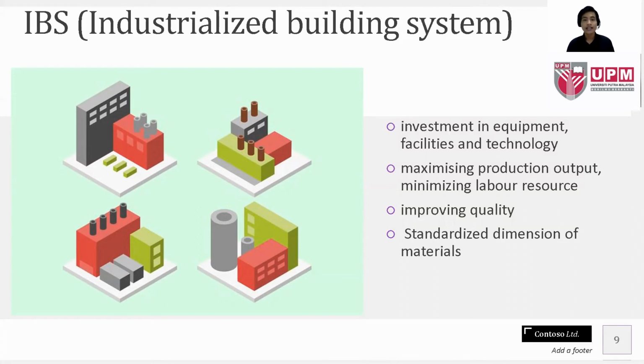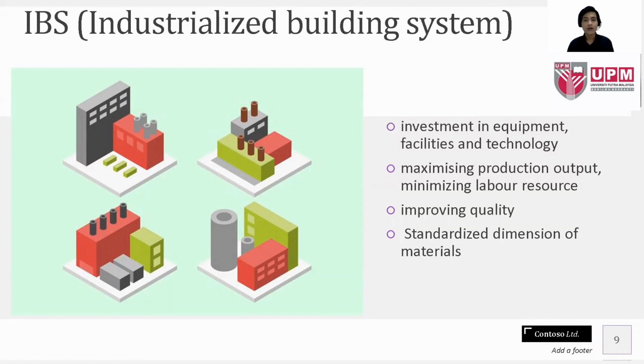So it is actually improving the quality of the system because the wall paneling, flooring, column, beam, and roofing system are manufactured in the factory. So the quality is top notch and can be guaranteed.